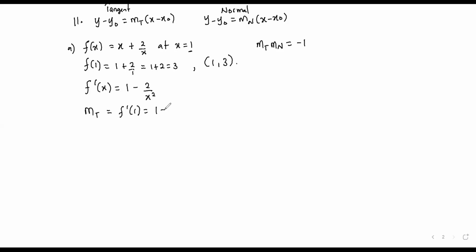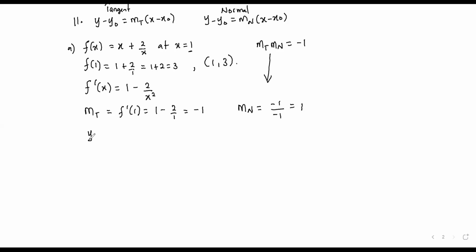So I'll have 1 minus 2 over 1, which is -1. So this is the tangent gradient. And so to find the normal gradient, I'm going to say -1 over -1. That is going to be +1.